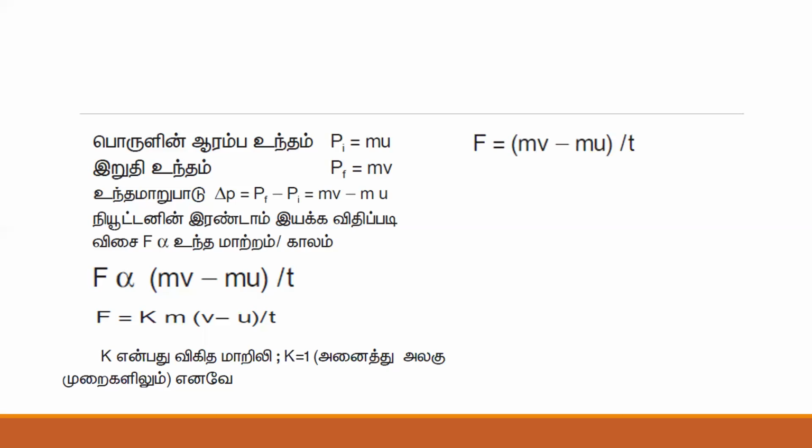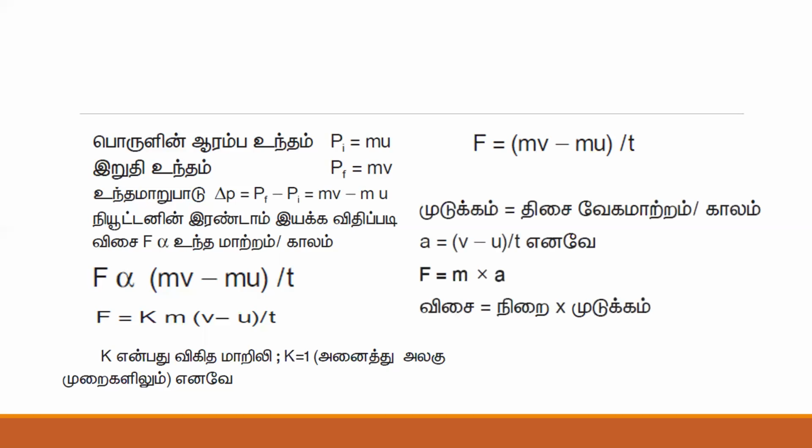K யோட மதிப்பு 1ன்னு இருக்கிறதுனால 1 எடுத்துடலாம், M V minus U by T ஆக இருக்கும். 9th ஸ்டாண்டர்ட்ல படிச்சது: முடுக்கம் என்பது திசைவேக மாற்றம் by காலம், அதாவது A is V minus U by T. அதனால V minus U by Tக்கு பதிலா A போட்டோம்னா F is equal to M into A, அதாவது விசை equal to நிறை into முடுக்கம்.